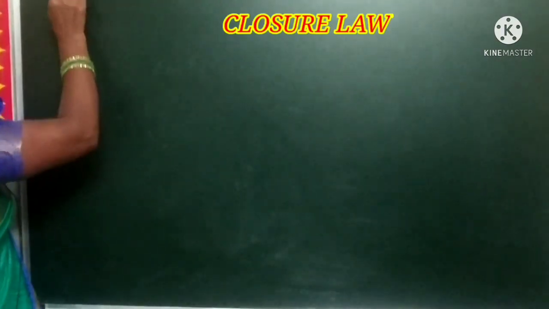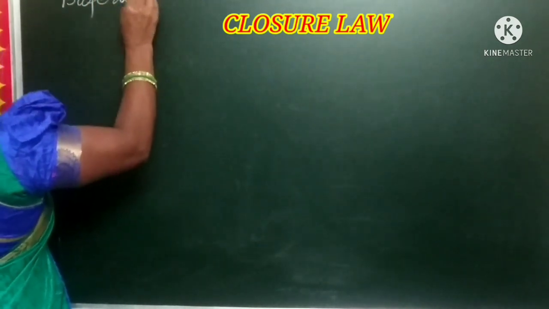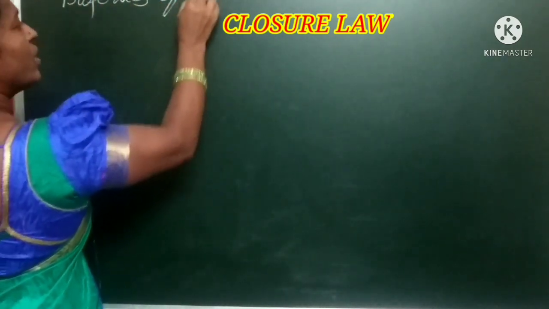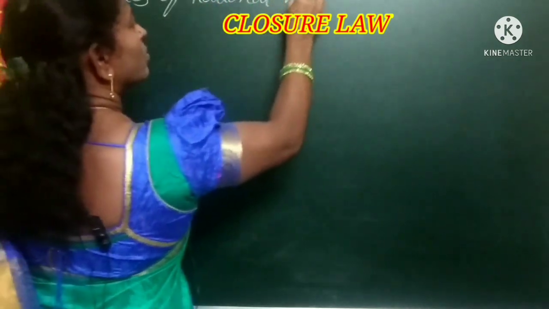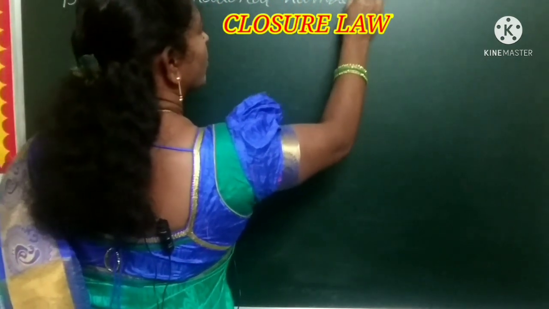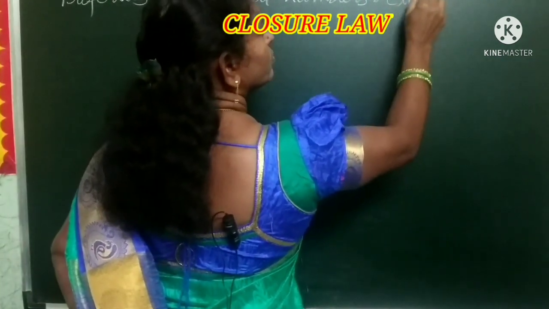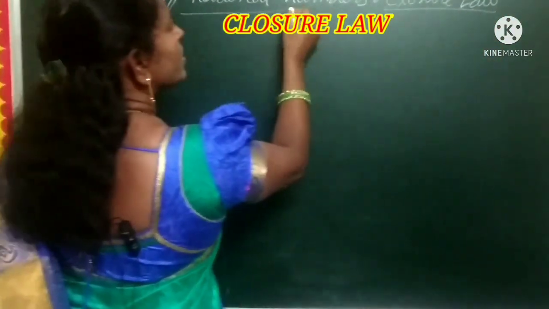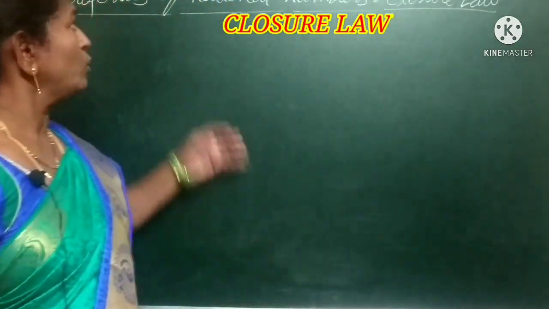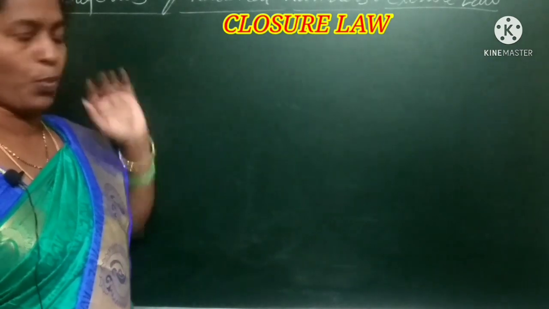Next one is properties of rational numbers. The first property is closure law. Before going to the properties of rational numbers, once revise the properties of integers.